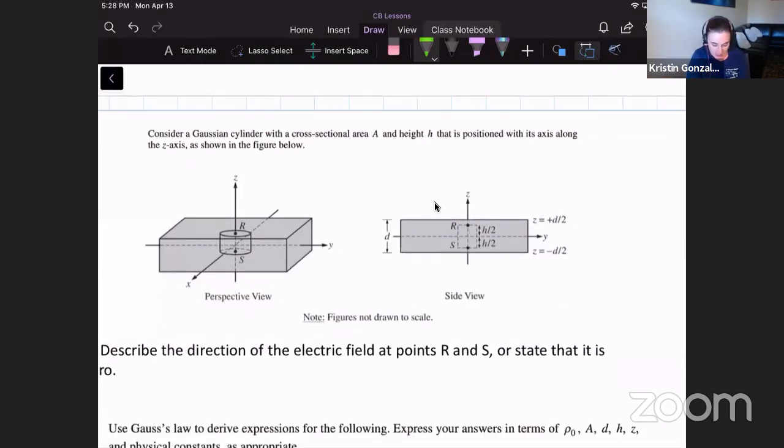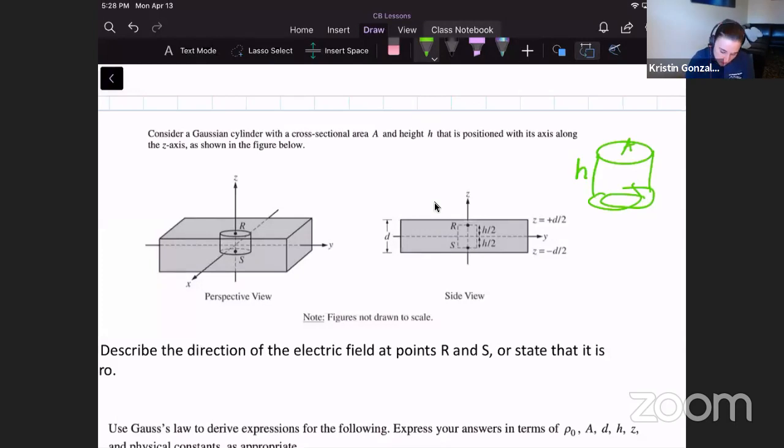It went right to giving you these shapes. So let's consider a Gaussian cylinder with a cross-sectional area A and a height h. If I draw it big over here, we've got this cylinder that has a surface area A and a height of h that is positioned along its axis as shown in the figure below. If we look at that side view, we can see it goes through R and S.